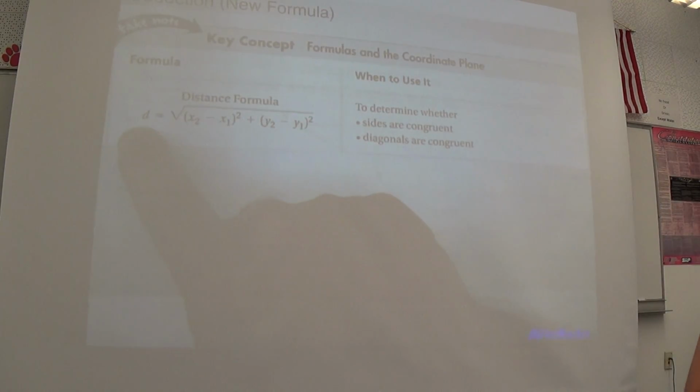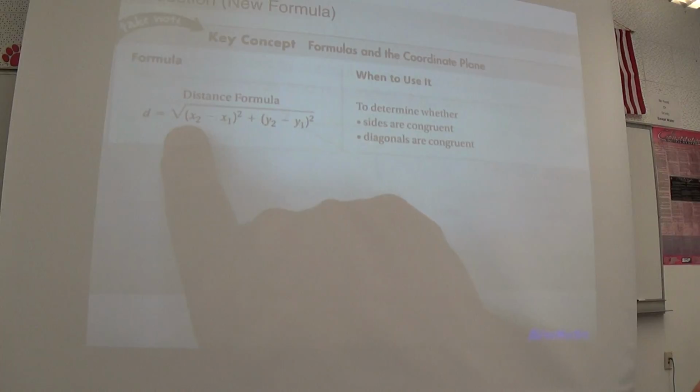The formula says that the distance is equal to the square root of the x value from point 2 minus the x value from point 1, that difference squared, plus the y value from point 2 minus the y value from point 1, that difference squared, add those two values together, and then take its square root.